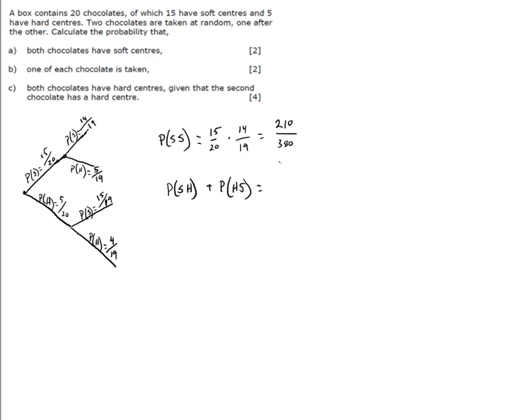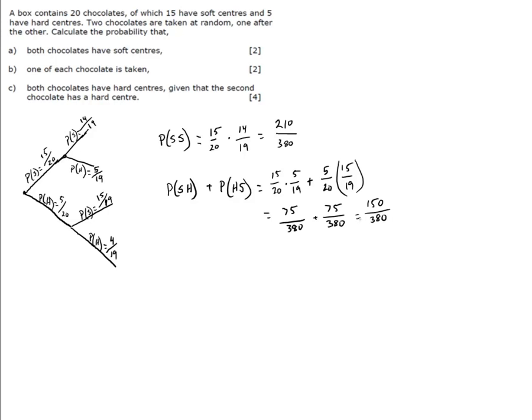So that's going to be 15 over 20 times 5 over 19 plus, I'll take a hard first, 5 out of 20 times 15 out of 19, soft next. So that's this branch in the middle here. That gives us 75 out of 380, and you should realize that this is going to be 75 out of 380, which means 150 out of 380.